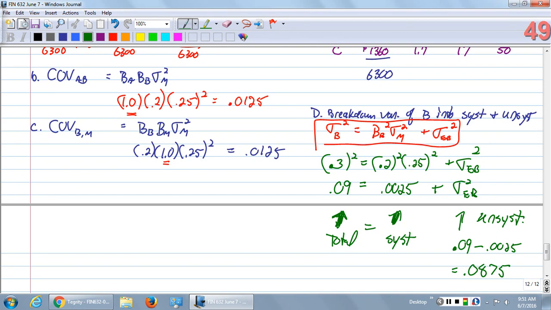So again, this concept of a single index is pretty powerful. You may not see it, and you may not fully appreciate it, but it is pretty powerful. Even though we still need to look at covariances between assets, even if we had 6 assets, 6 times 5 is 30, divided by 2, that would give us 15 individual covariances.